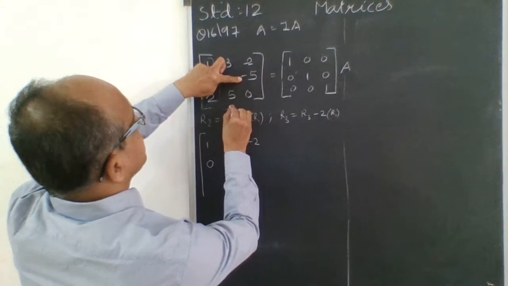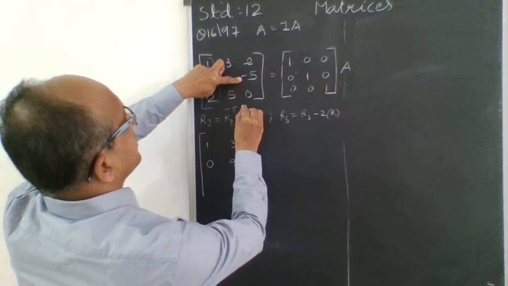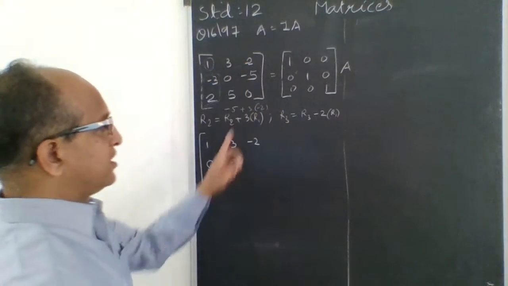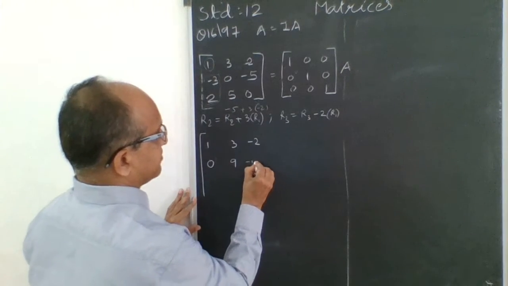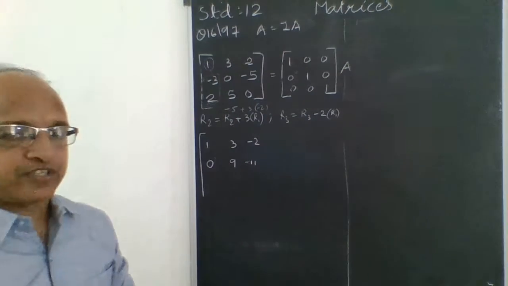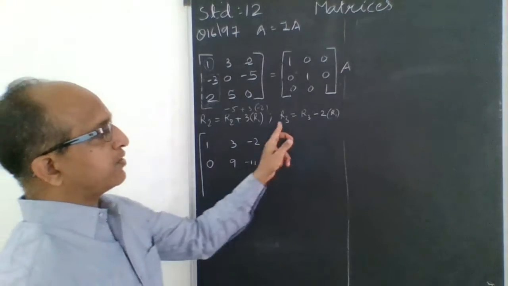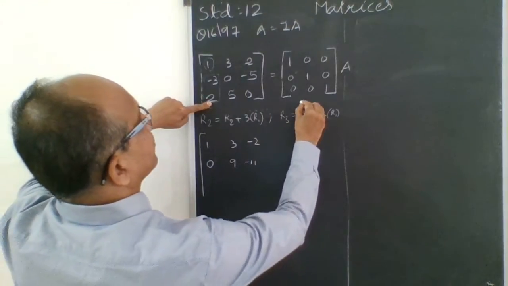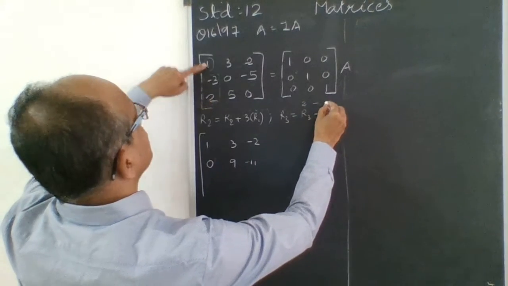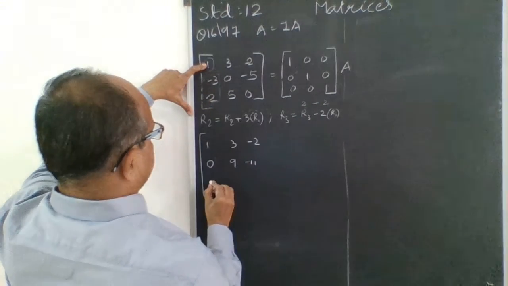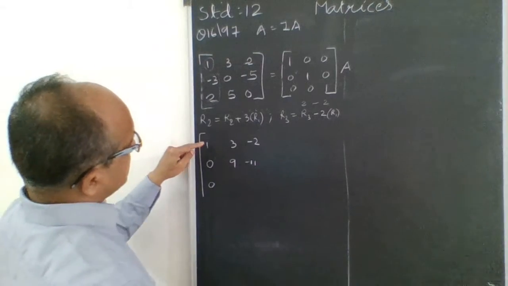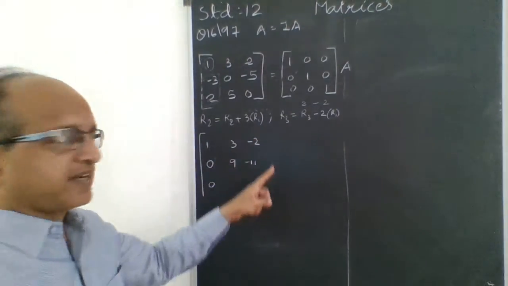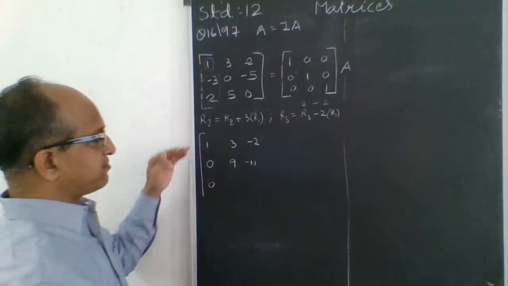Then this is minus 5 plus 3 into minus 2, so that is minus 11. Yes, this much clear. Now we'll go for R3. R3 is what here? 2 minus 2 into 1, that is 2. So that becomes 0. We have to follow how we can get the identity matrix here, but step by step.